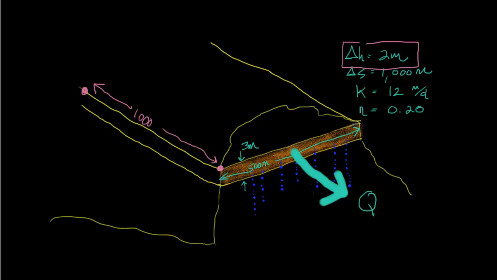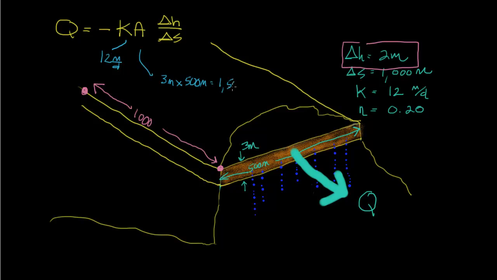Let's write it down here. With K equal to 12 meters per day, the area here is going to be 3 meters times 500 meters, which is 1,500 meters squared. And delta H is 2 meters, and delta S is 1,000 meters.